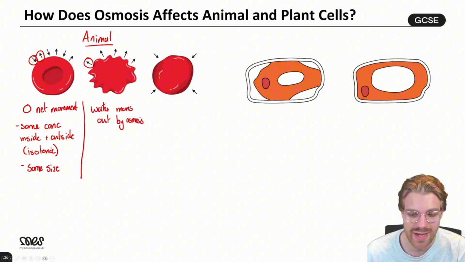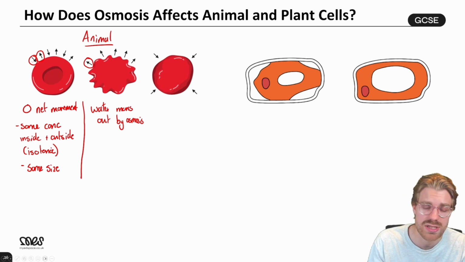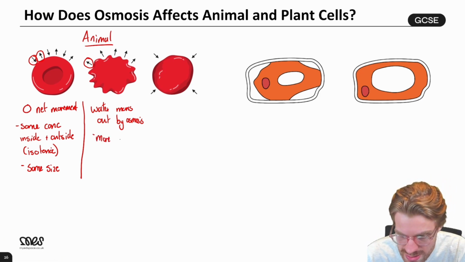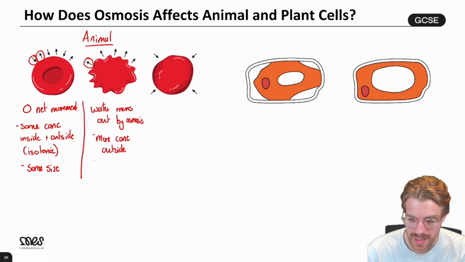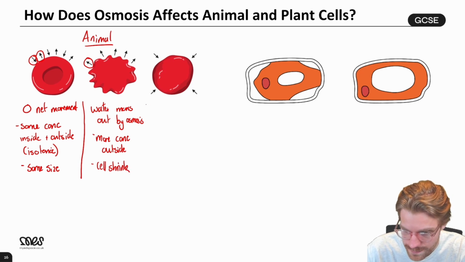If the water is moving out of the cell, it's because the area inside the cell must be more dilute than the area outside. So we could say that it is more concentrated outside. And that is why the water is leaving. If the water leaves, that means that the cell is going to shrink. It is going to lose mass.